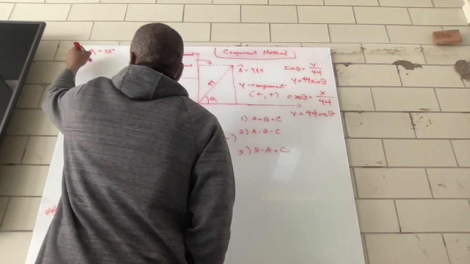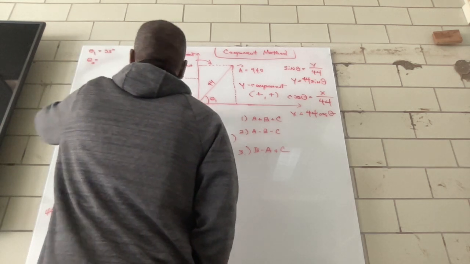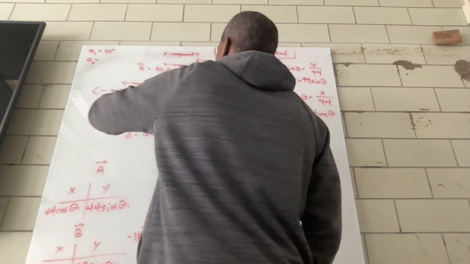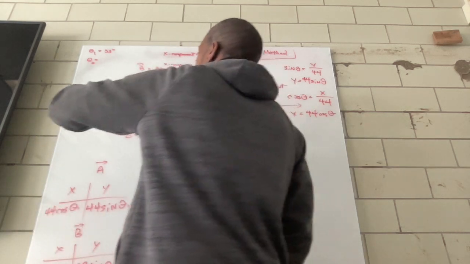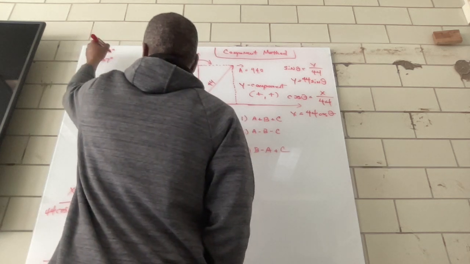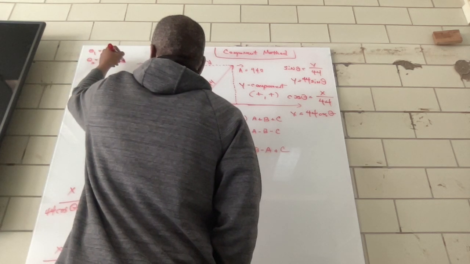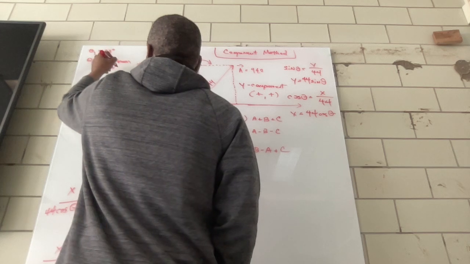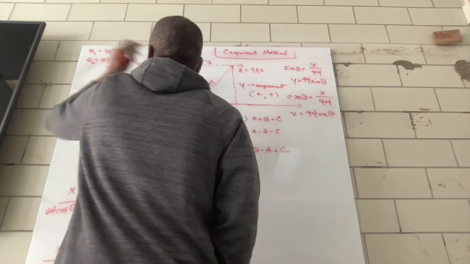Theta 2, so from the 33 degrees, let's say theta 2 is 27 degrees from the negative x-axis, right?